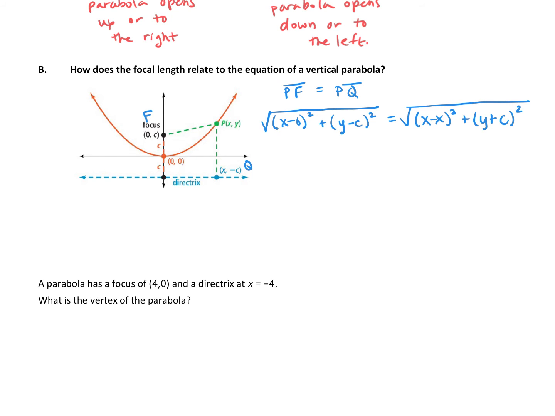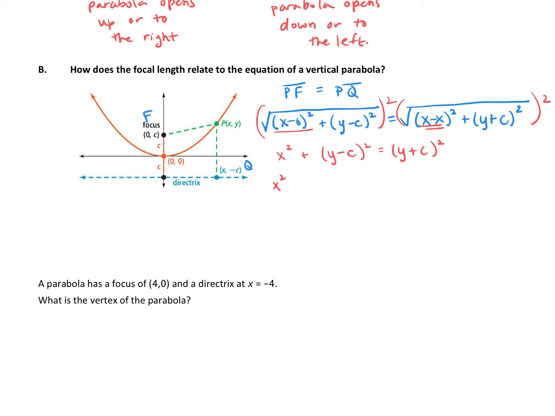All right, to simplify this, let's square both sides, get rid of your square roots. As we rewrite this, we'll do some simplifying. x minus 0 is just x squared, plus we have y minus c squared equals, x minus x is just 0 squared, so that simplifies away, but we would carry down y plus c squared.